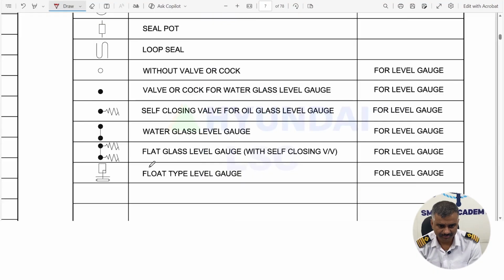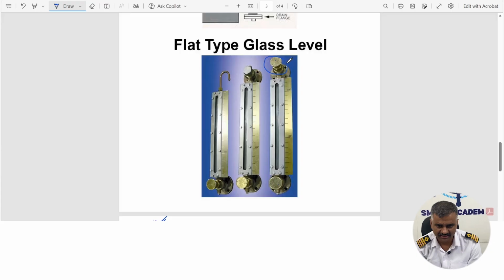It has spring loaded valves for self closing. You can see this is a spring loaded valve, and as you press it, the valve keeps the system open, and if you leave it, it will close.